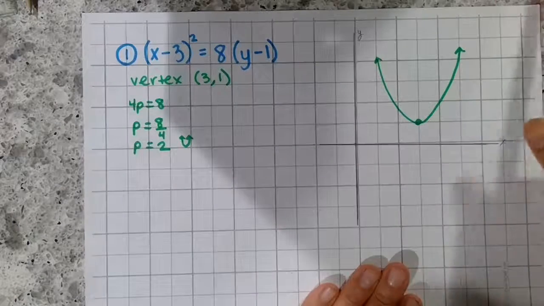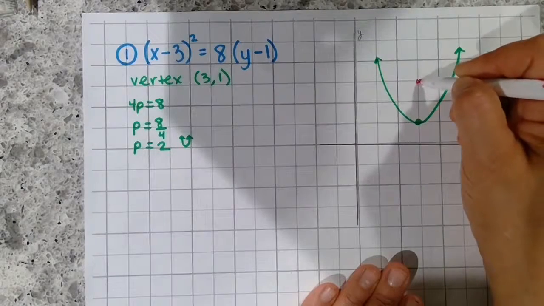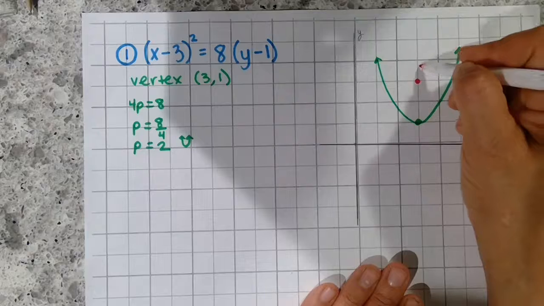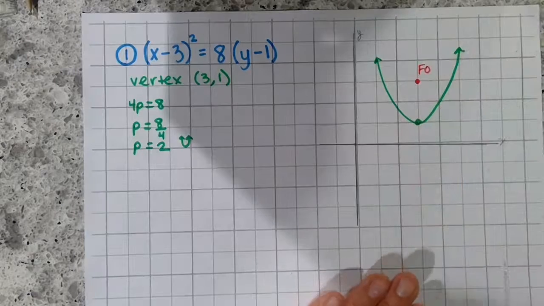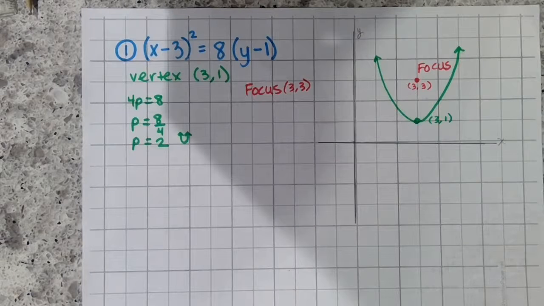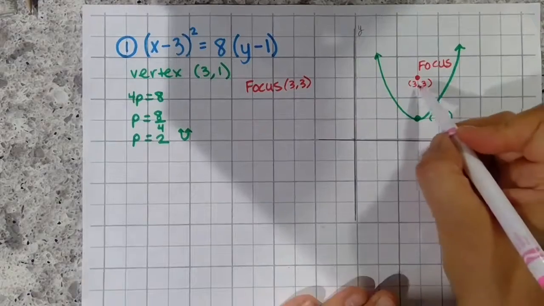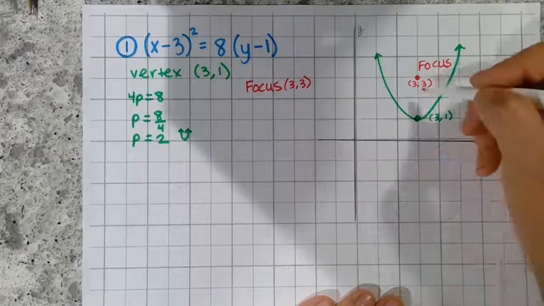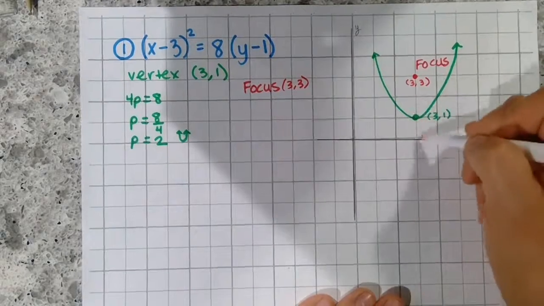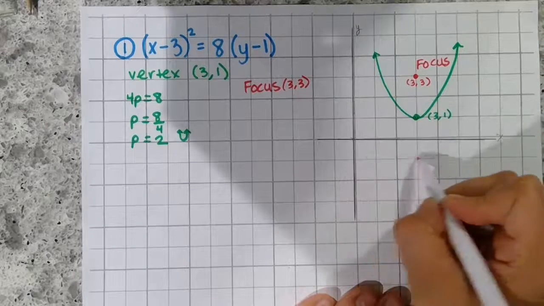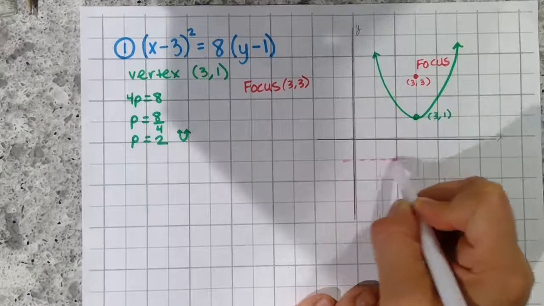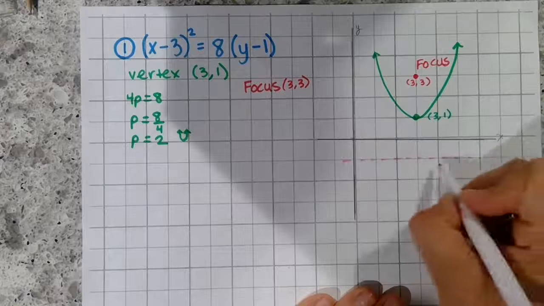So 2 units from your vertex inside gives you the coordinates of your focus point. So the focus point is at (3, 3), so that's a distance of 2. 2 units back is going to give you the equation of your directrix.